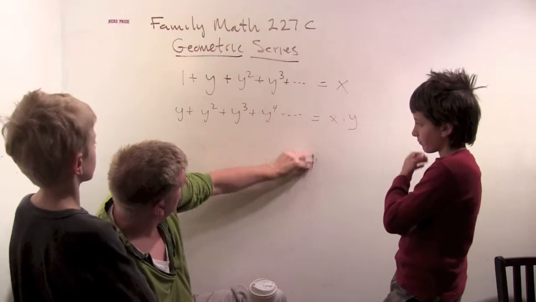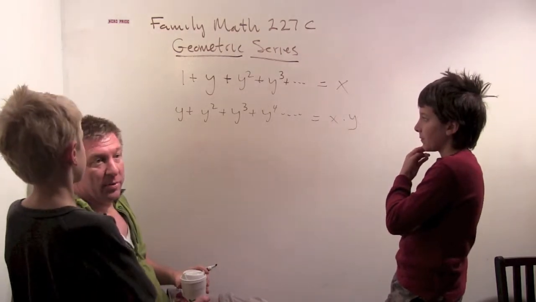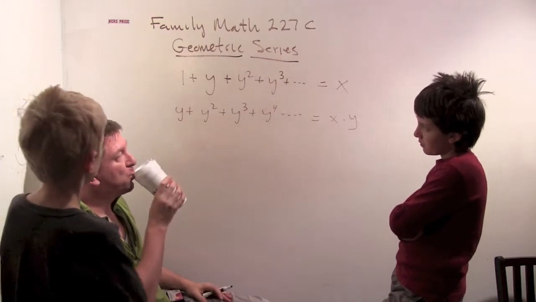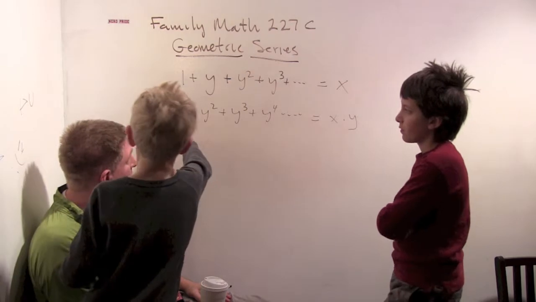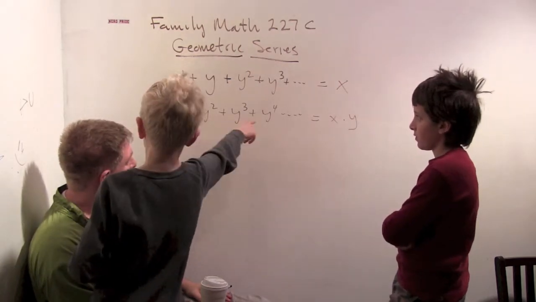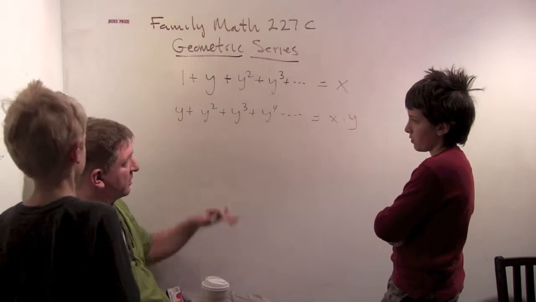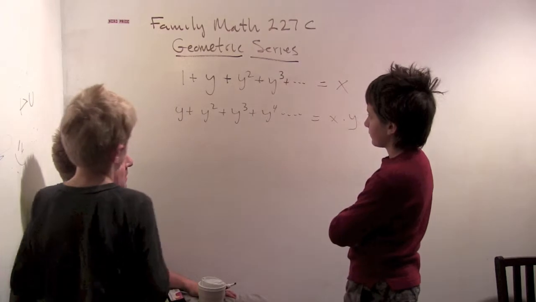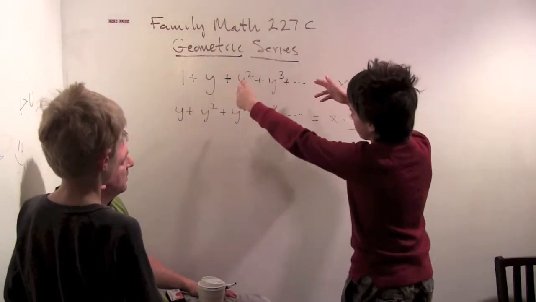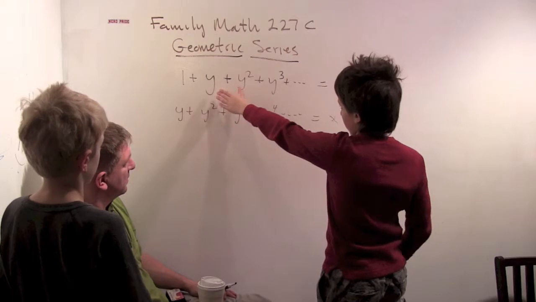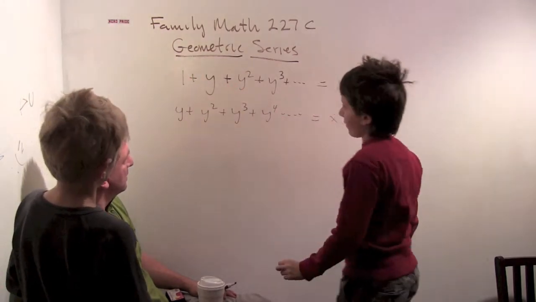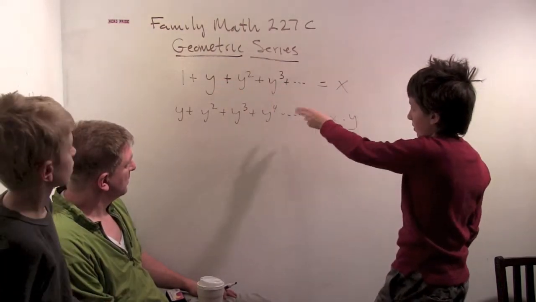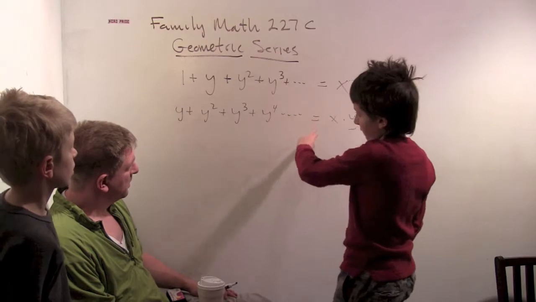Okay, what do we do now? What subtraction are we going to do here? We don't have any ones in this term, so maybe we could subtract away x. Maybe we could ignore the 1 for now and subtract y plus y squared plus y cubed from y squared plus y cubed plus y to the fourth.